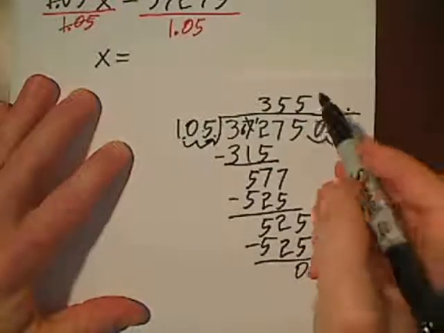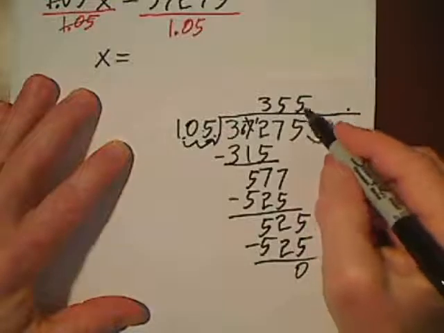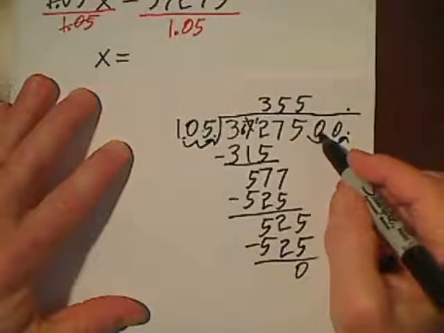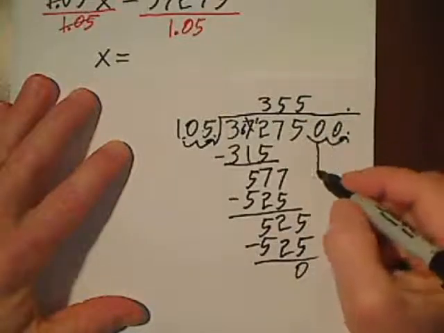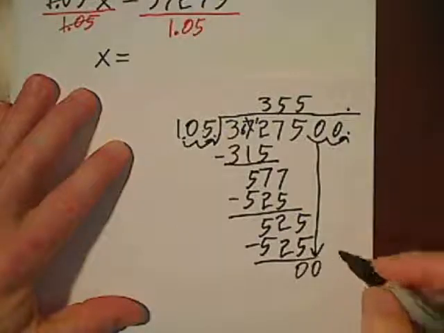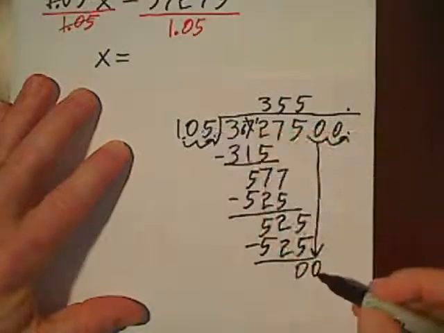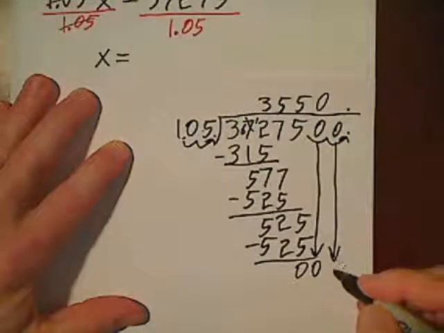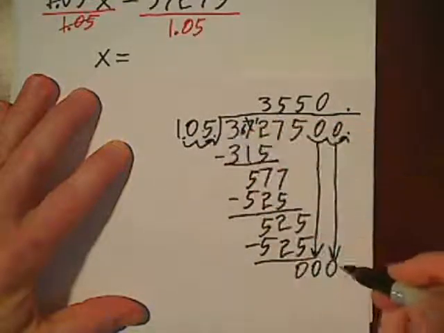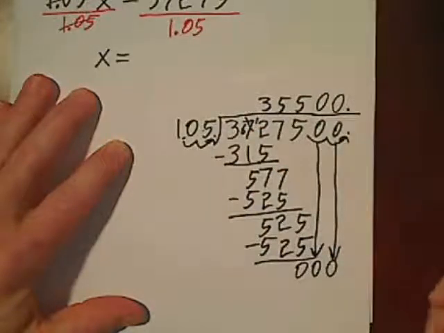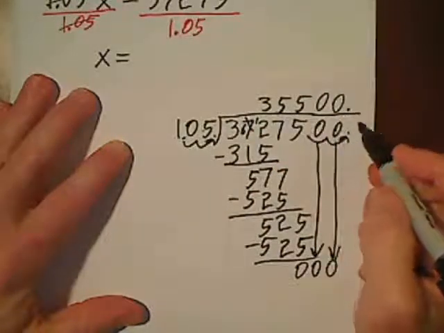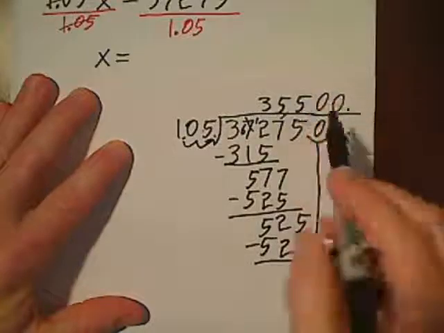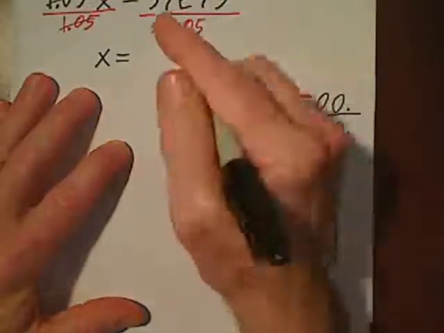Nothing left over. So we ended up with 355, but I haven't taken care of these 2 zeros yet. So you have to bring that down. How many times does 105 go into 0? Now I've used up all my zeros. Okay, so we've got 35,500.